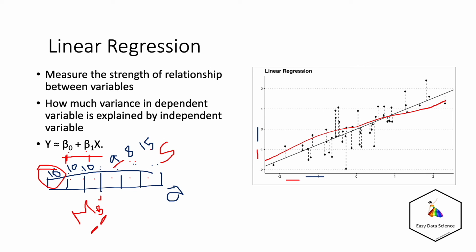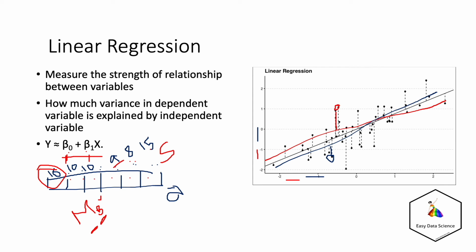Let's say this is another line, this is another line, and when we draw that line, we try to understand what is the distance of this particular line from the actual value. So what is the distance of the original points from this line?